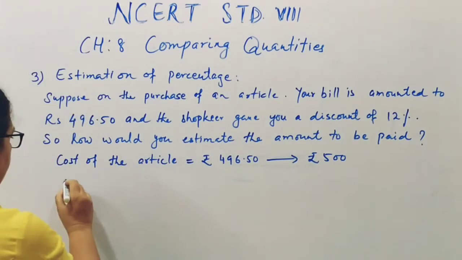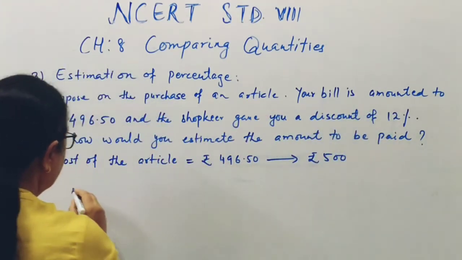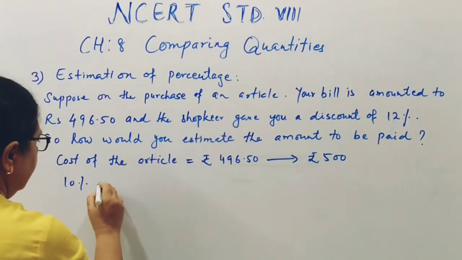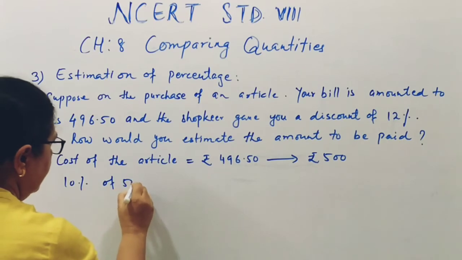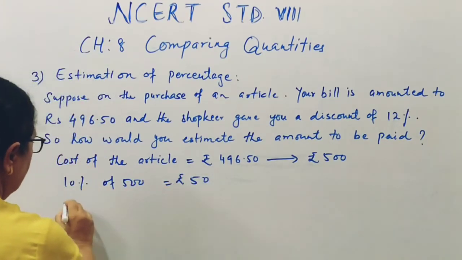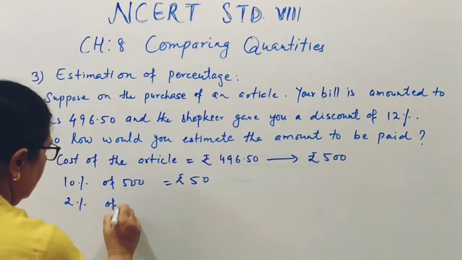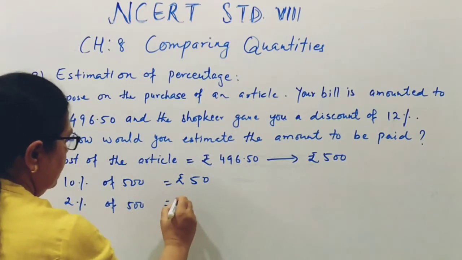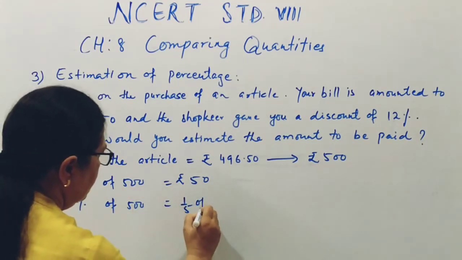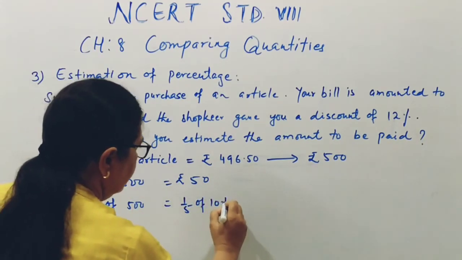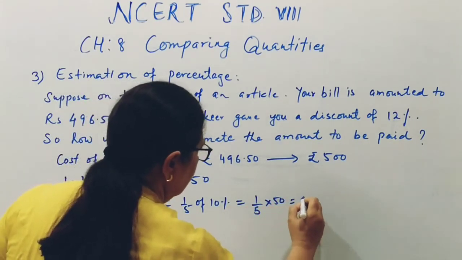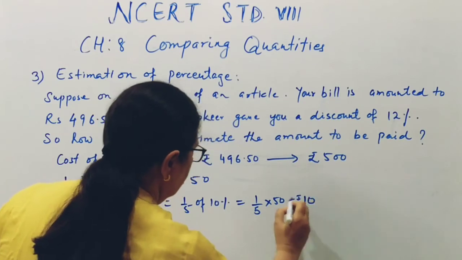Next, 12% discount means first we'll find 10% of 500, that is 50 rupees. Then 2% of 500, that is 1/5 of 10%, that is 1/5 of 50 rupees, that is 10 rupees.